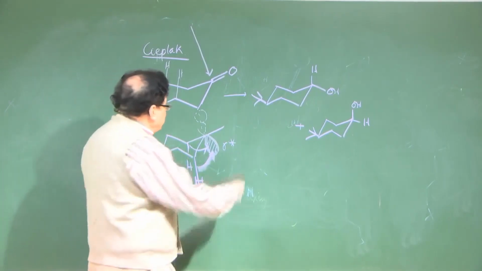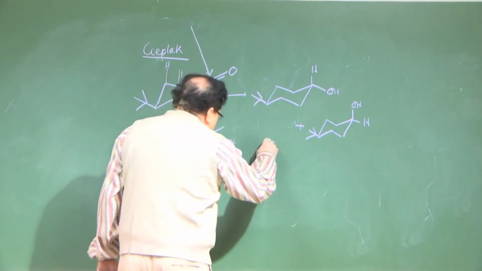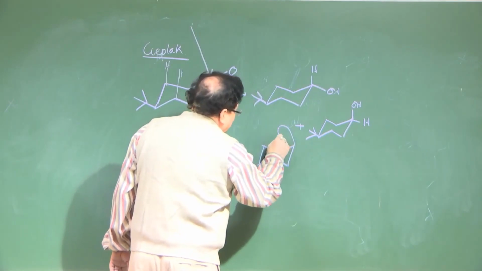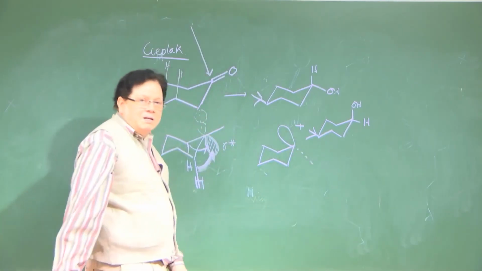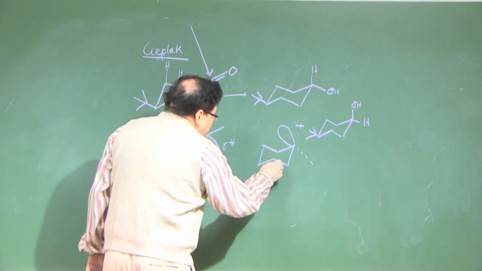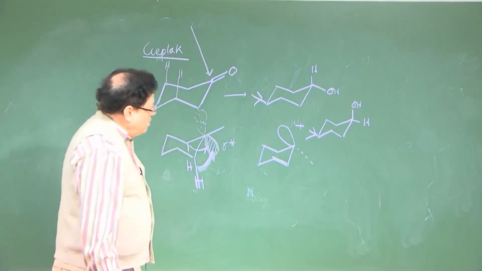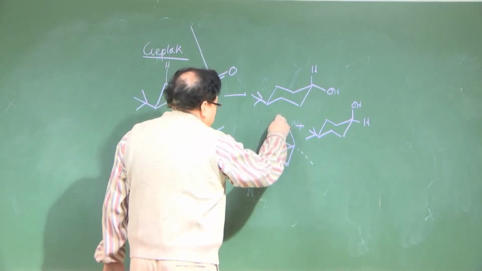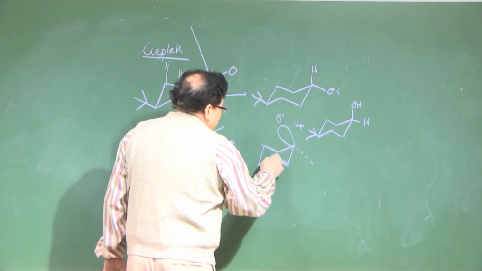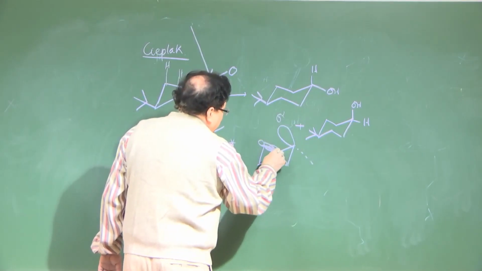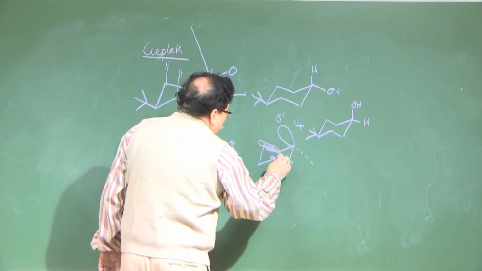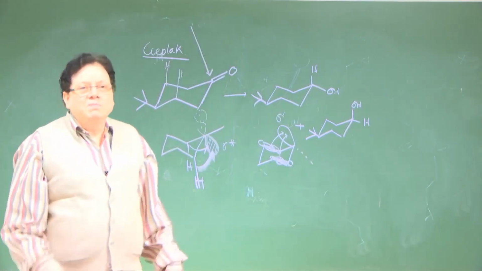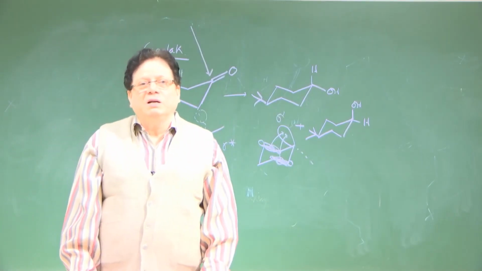Okay. What about if it approaches from the equatorial side? If it approaches from the equatorial side, yes, there will be a sigma star on the opposite side, that is true, and now the bonds which are in close parallel with the direction of this sigma star are these carbon-carbon bonds. Now, the carbon-carbon bonds also can interact, but you know that donation from carbon-carbon to an empty orbital is much less. Look at hyperconjugation.